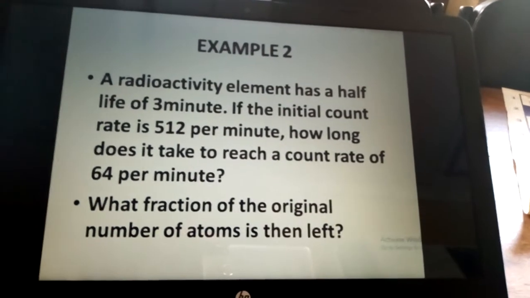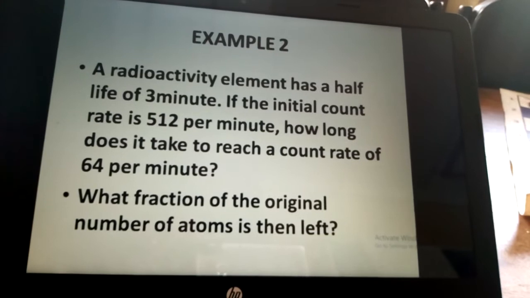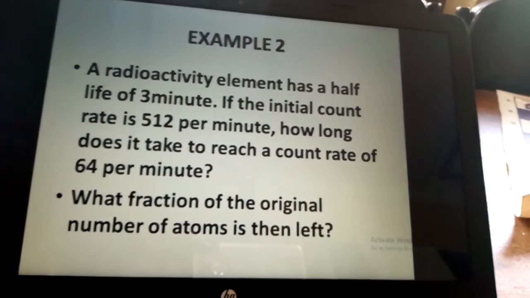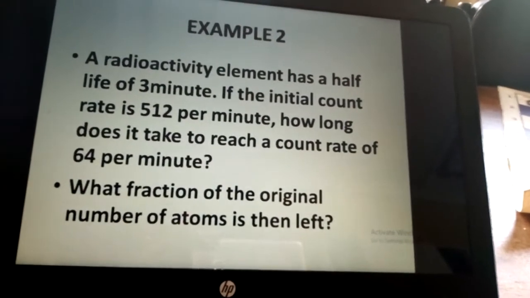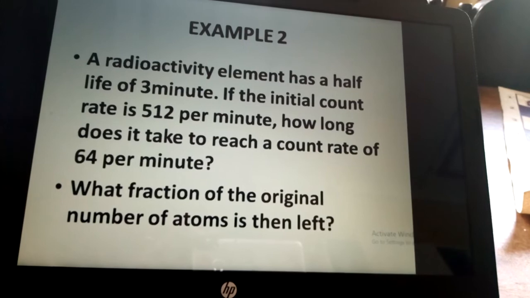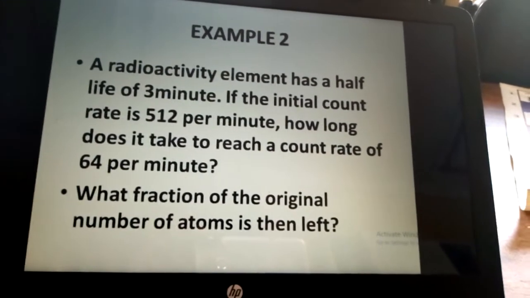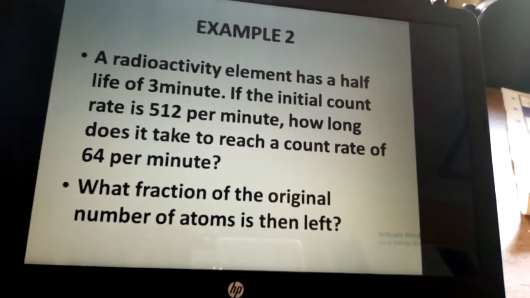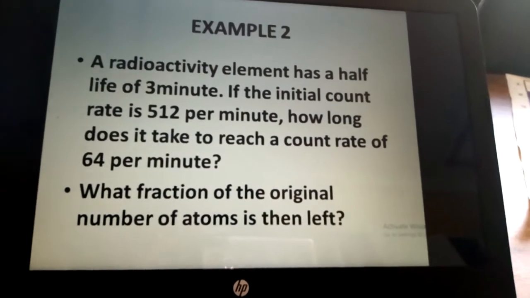Then we move on. 256, after another 3 minutes, 128 is gone, 128 is remaining. We take another half of 128, that is 64. So 64 will have vanished, only 64 will have remained.